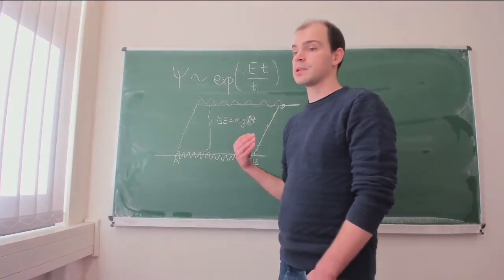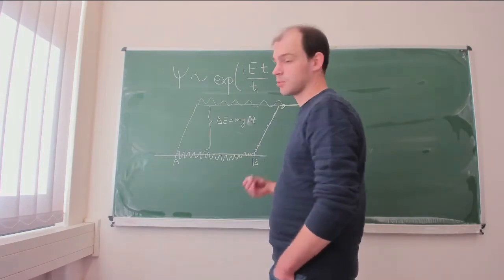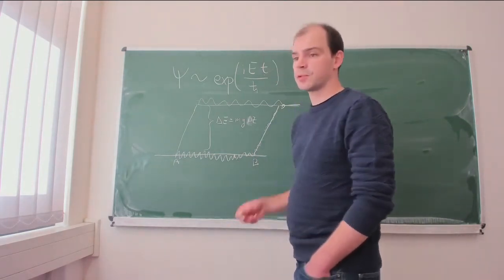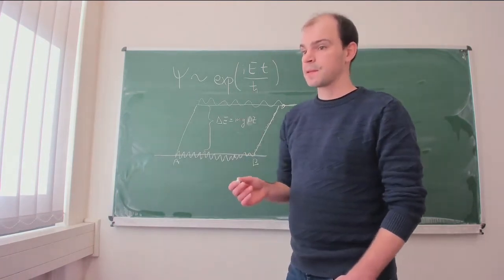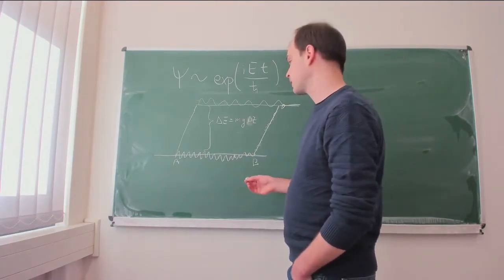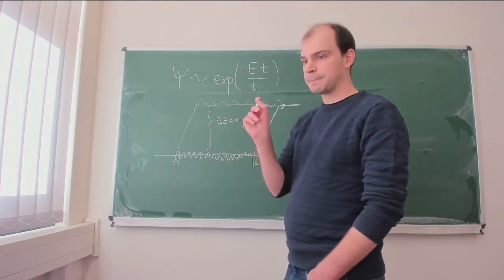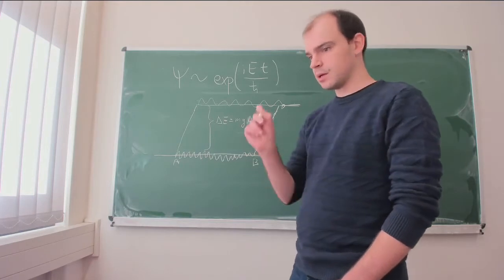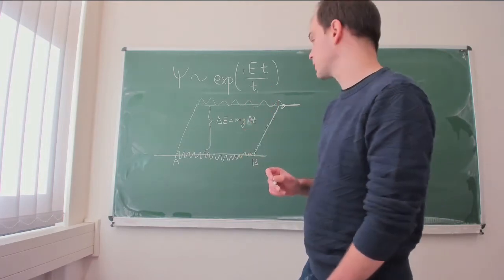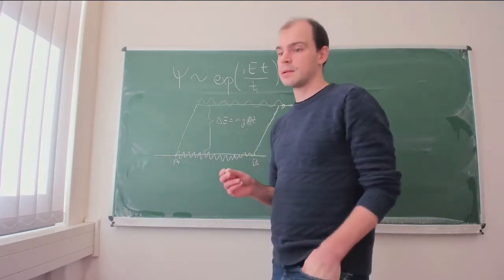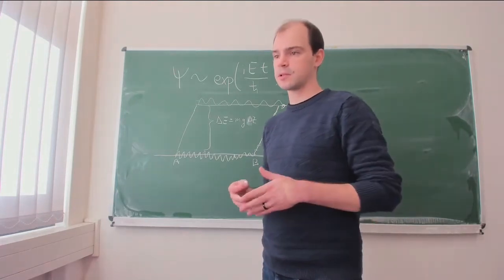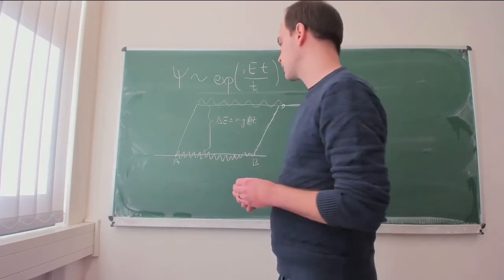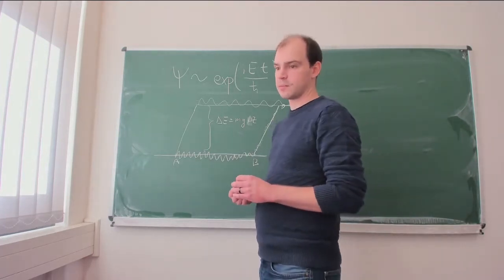To understand this a bit more rigorously, in terms of quantum mechanics and solutions of the Schrödinger equation, you have to make certain approximations. You have to assume, for example, that you find a wave function that is well localized in momentum space. So it has a very narrowly defined momentum. And because of the uncertainty principle, it is then relatively wide in position space. And then you can approximate it as a plane wave.